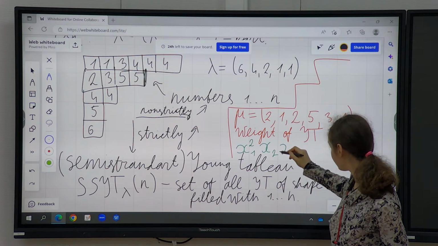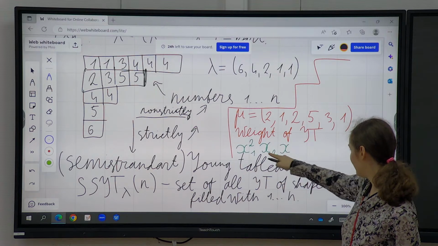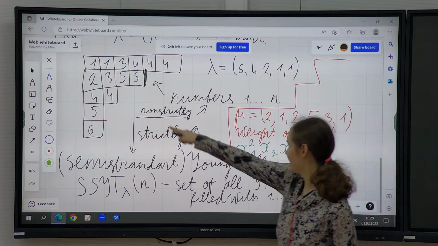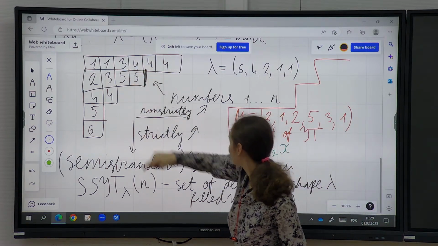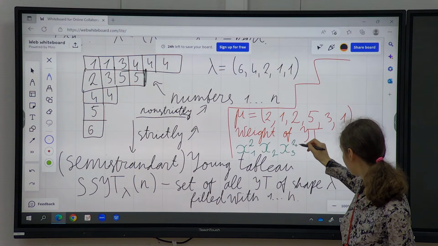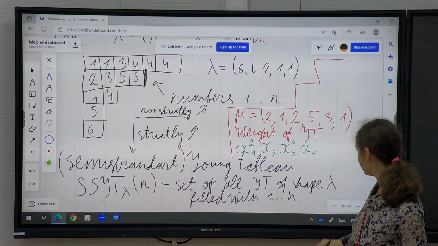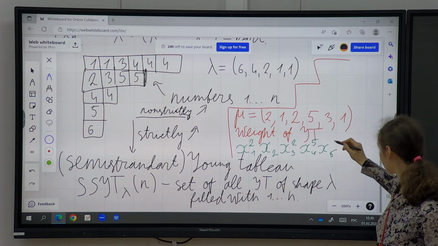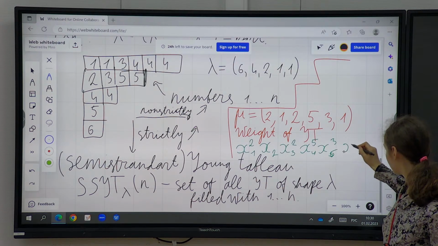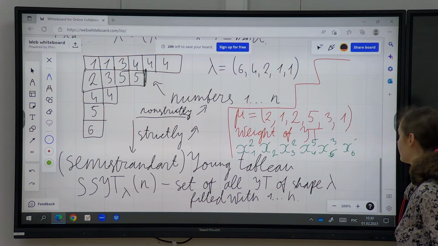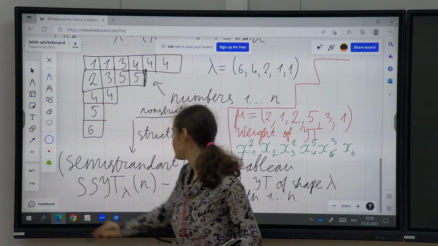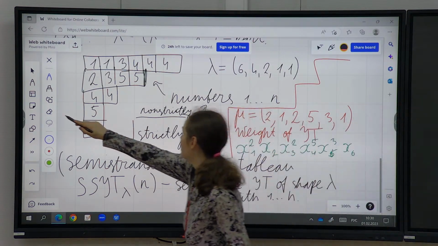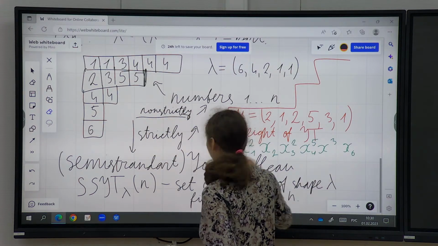We have exactly the same number of x i here as we have i's here. x3 to the power of 2, x4 to the power of 5, x6 to the power of 1.